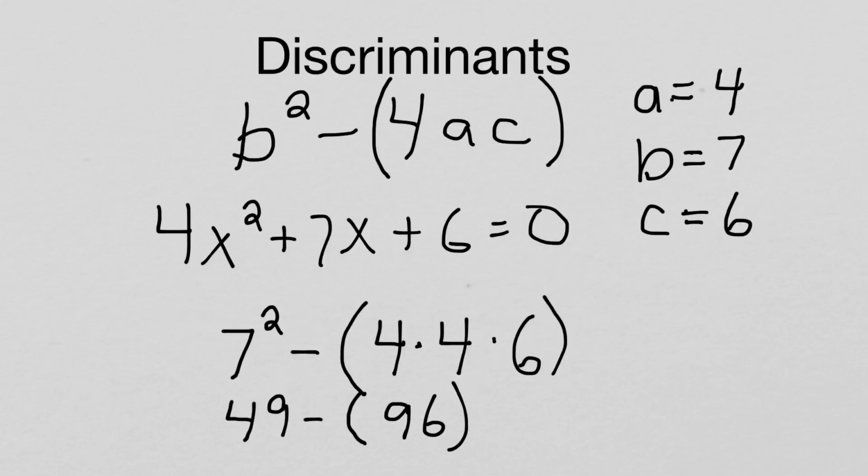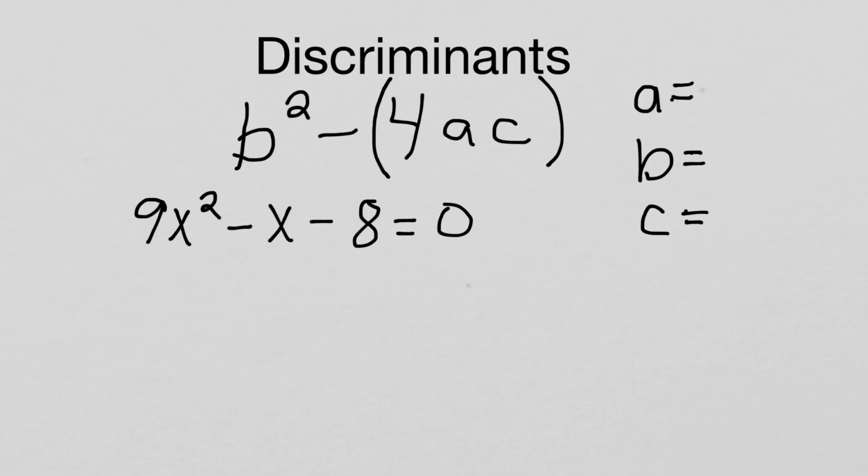All right, we do the math. You can stick this straight in your calculator. 49 minus 96 is going to give you negative 47. That's your answer. The answer to the discriminant for this problem is negative 47.